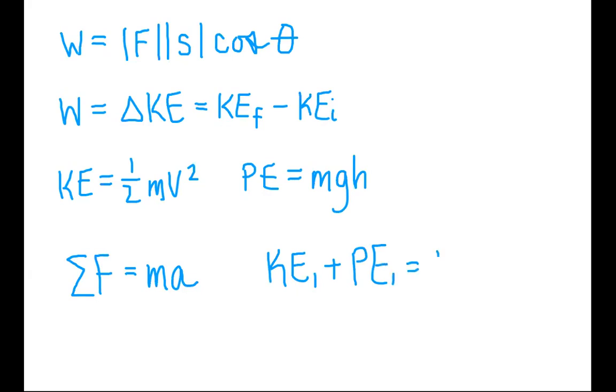Yeah, so what that means is that all of the energy in the beginning is going to be constant with what we have at any other given point, because energy cannot be created or destroyed. Okay, so now that we have that, I think we can get started on our example.